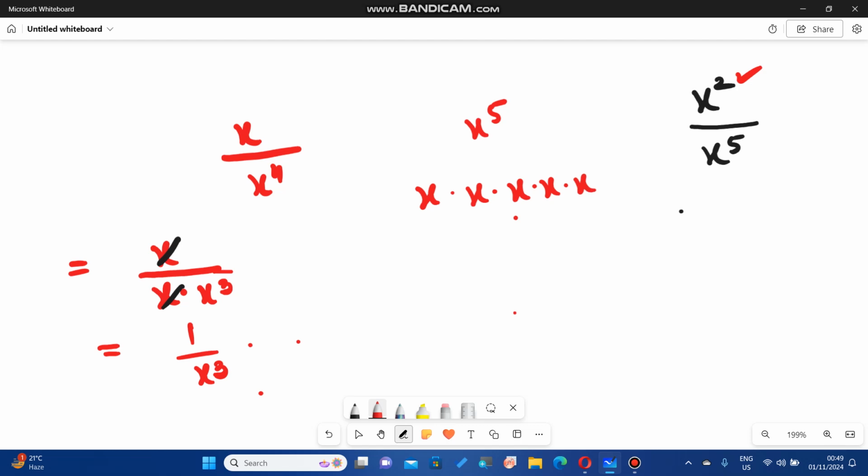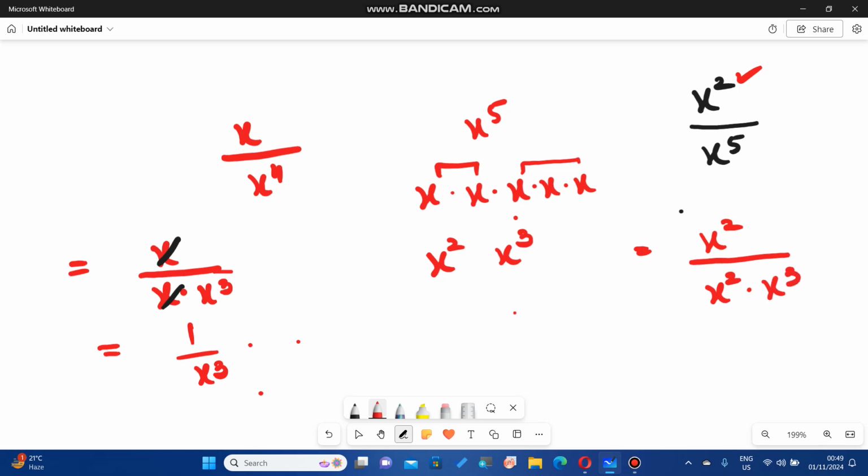We can cancel x squared. We can separate x squared. What is left after x squared? 3 x's, that means x cubed. We can split x⁵ as x squared times x cubed. Now we can cancel the terms. X squared cancels by x squared. What are we left with? We are left with 1 divided by x cubed.